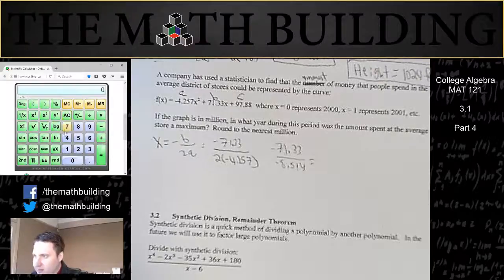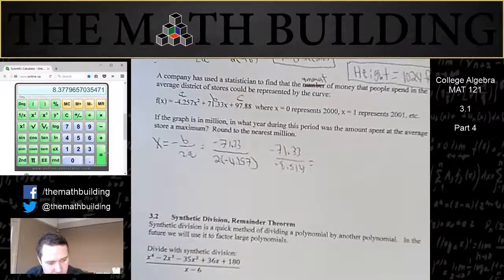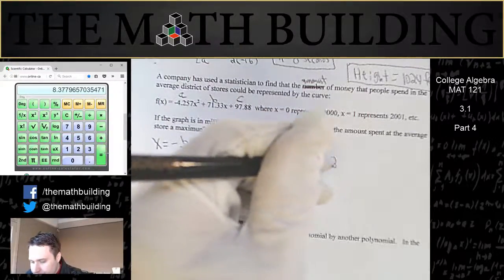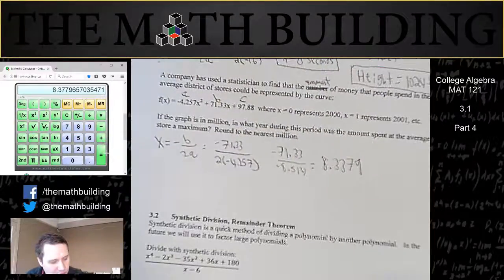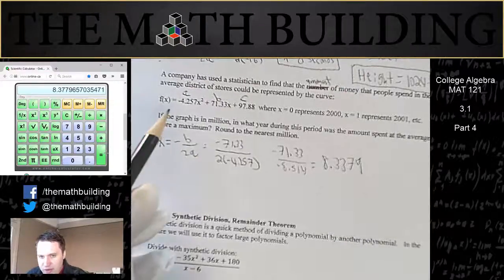Let's divide that. We see that it's a positive number, 71.33 divided by 8.514, and we get 8.3379. So what that tells me is that around the 8th year is when this curve hits a maximum.